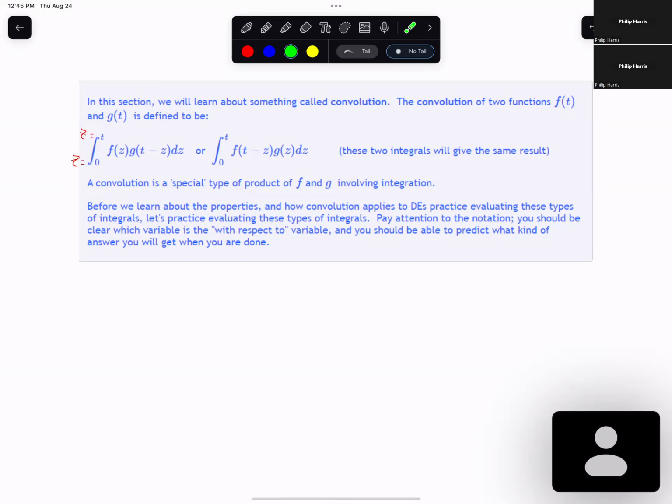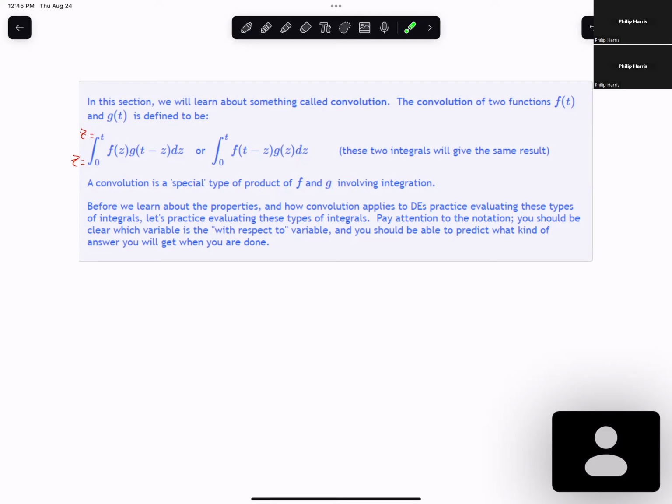We multiply f of t and g of t together, and we get a result that turns out to be a function of t. We're going to practice working with this, and the key idea is to integrate with respect to z, treating t as a constant.